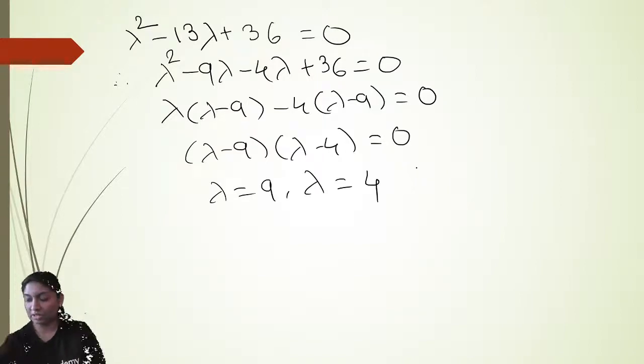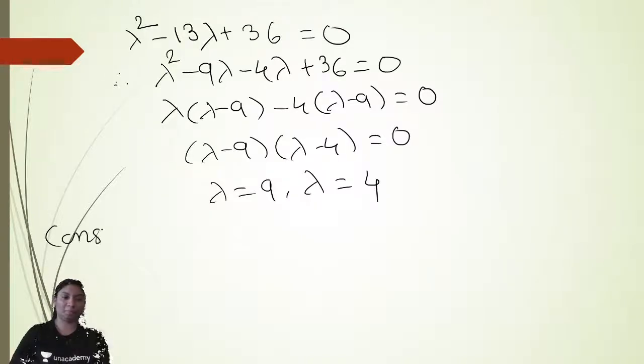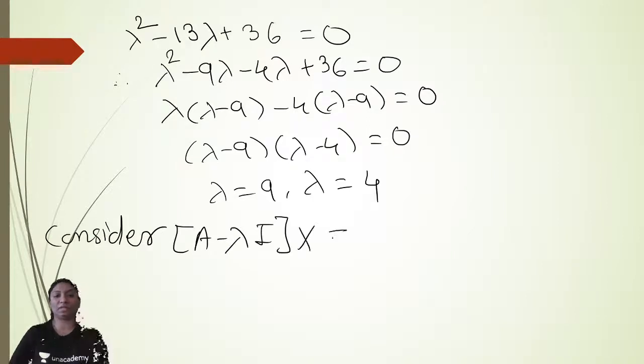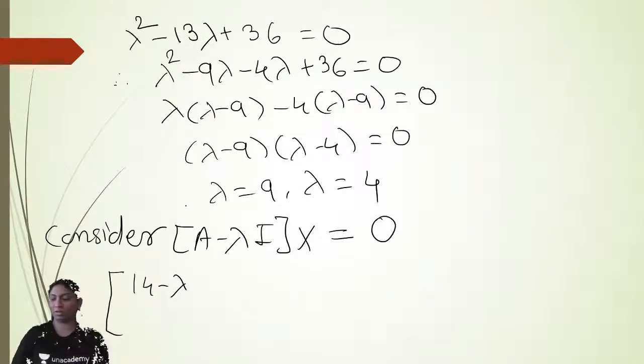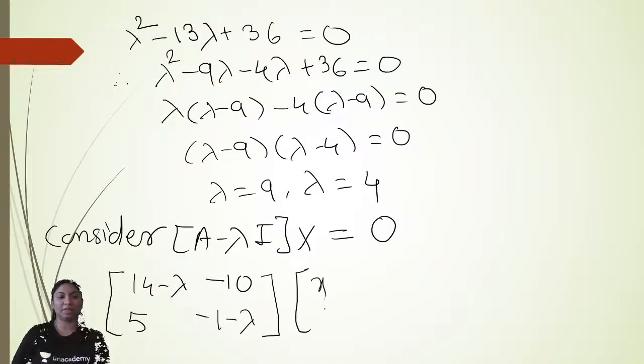Now we will consider A minus lambda I into x is equal to 0. So for the eigenvalues, 14 minus lambda, then minus 10, 5, minus 1 minus lambda, into x y is equal to 0, 0.